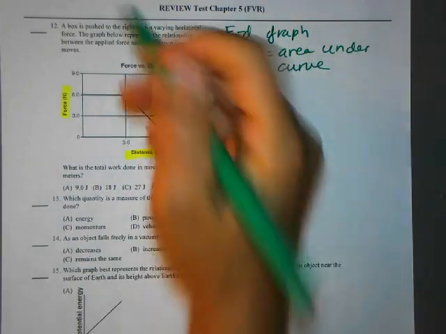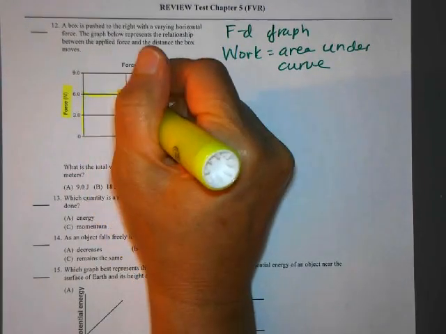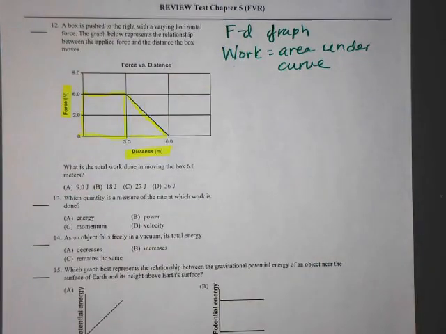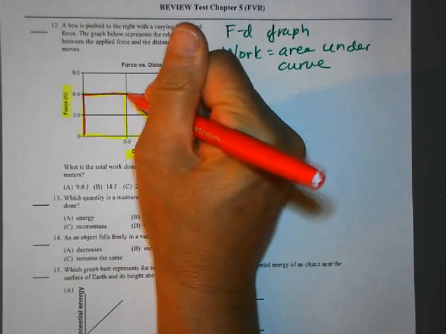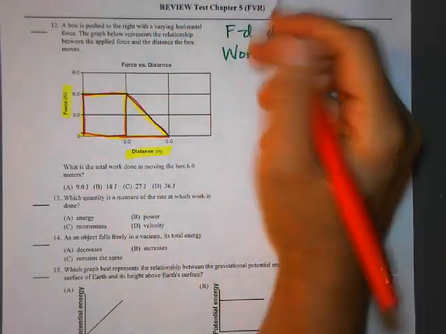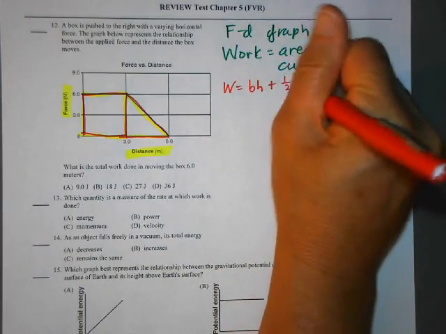Okay, so I have this area, which is a square, and then this one, which is a triangle. So I am literally doing this area plus this area. So the work is going to be base times height plus 1/2 base times height.